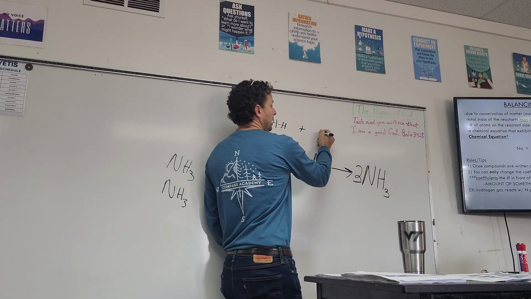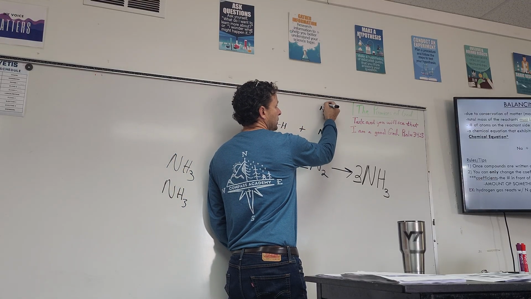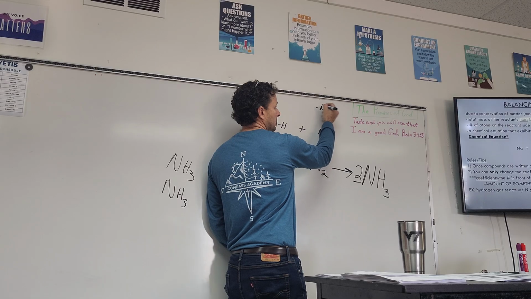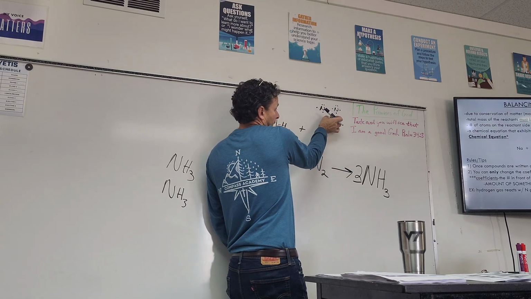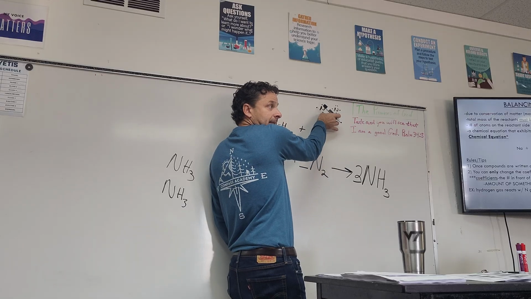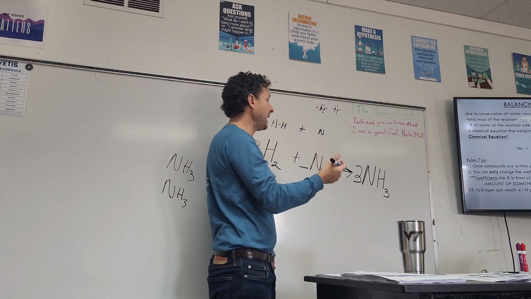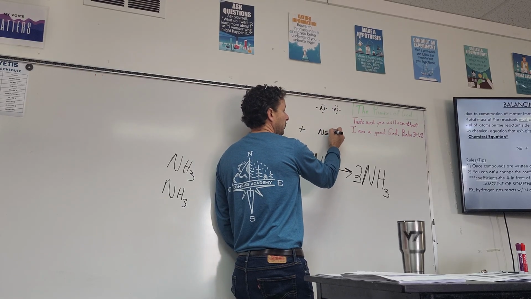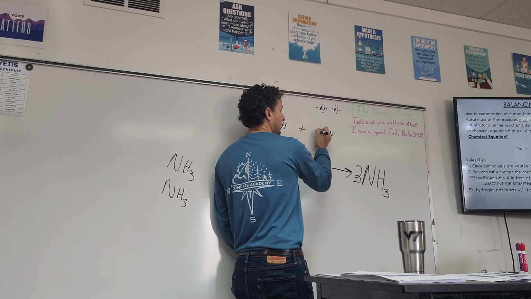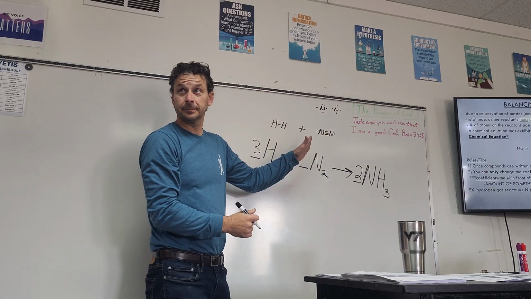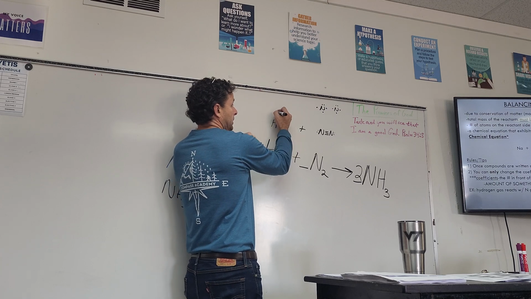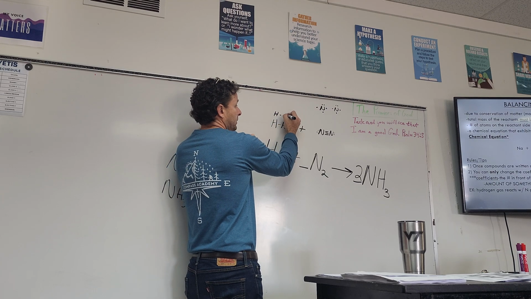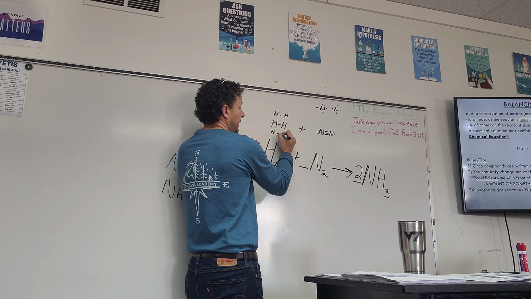And nitrogen, remember, nitrogen has 5 Lewis dots. So you can see that 6 of these electrons are going to be shared, and they'll both have 8. That's called a triple covalent bond. Got it? All right? But there are 3 of these hydrogens that have to react for every 1 nitrogen.